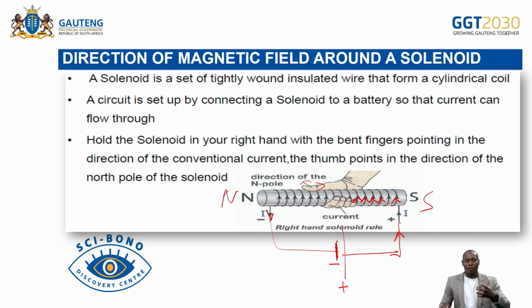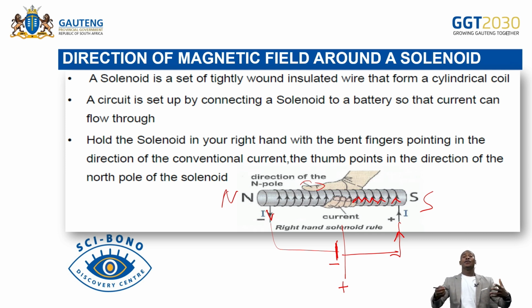But what is important? The thumb is always pointing in the direction of the North Pole. And the way you bend your fingers, make sure that they follow the direction of the conventional current. I hope it's clear, right? They follow the direction of the conventional current.